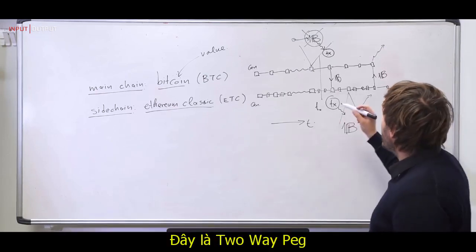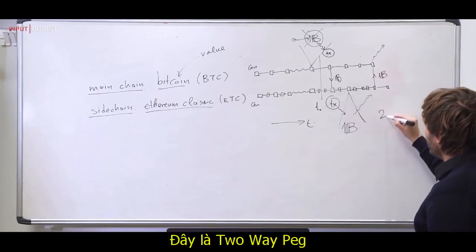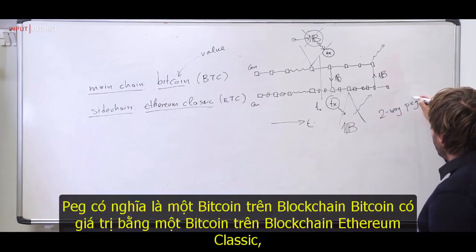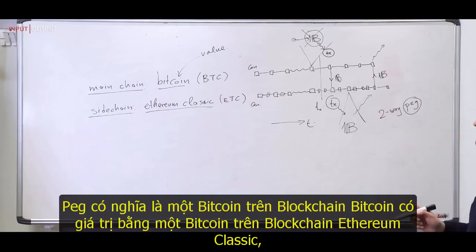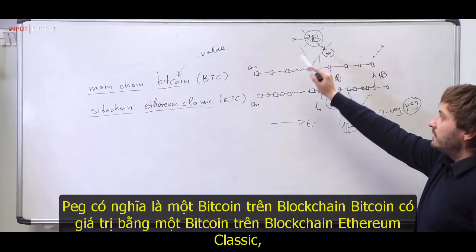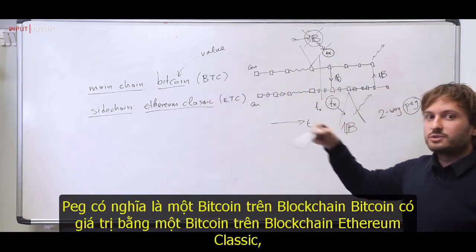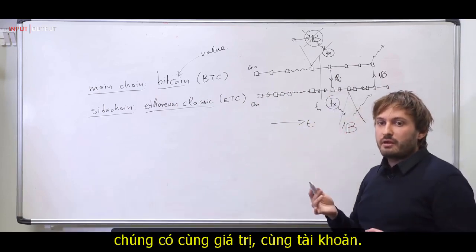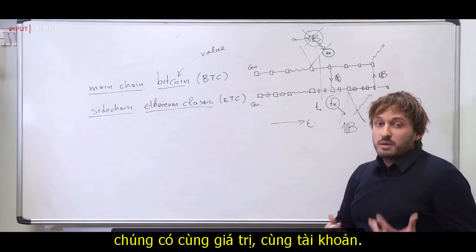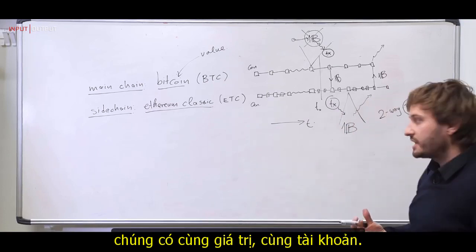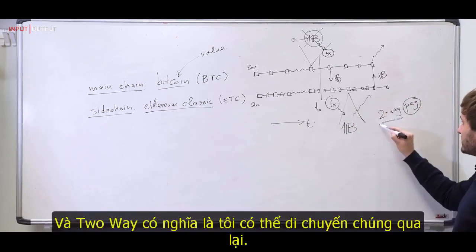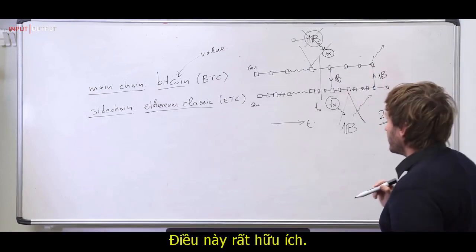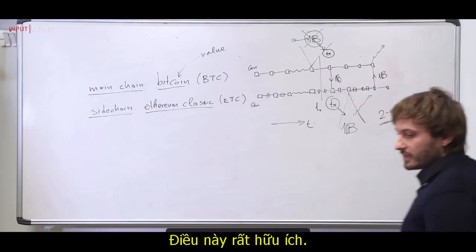So this is a two-way peg, what we call a two-way peg. And the peg means that one Bitcoin on the Bitcoin blockchain is worth one Bitcoin on the Ethereum Classic blockchain. They're the same value, they're the same unit of account, and the two-way means that I can move them back and forth.